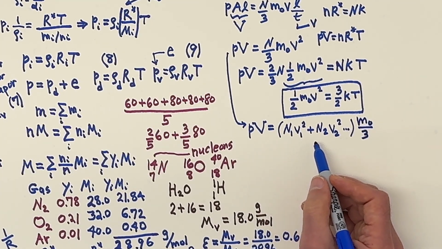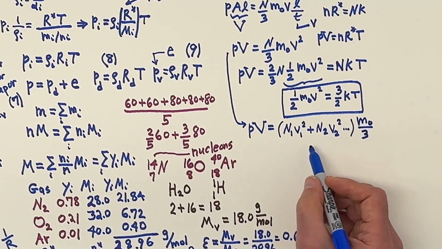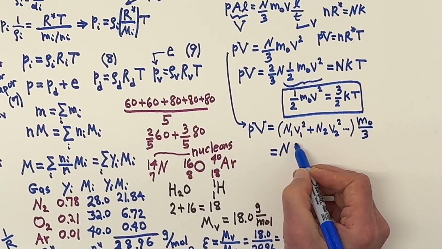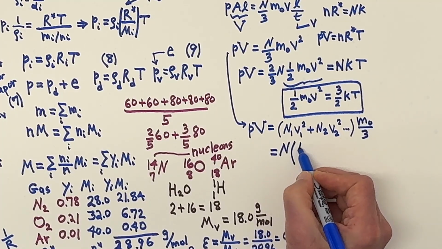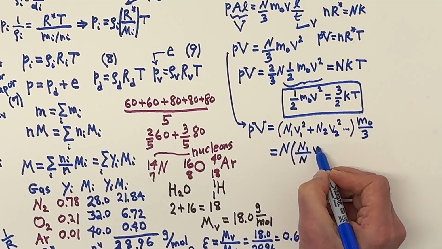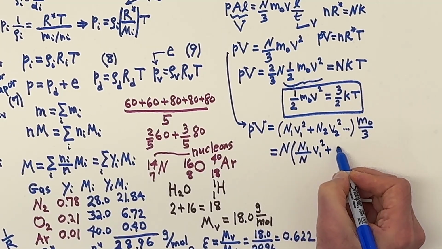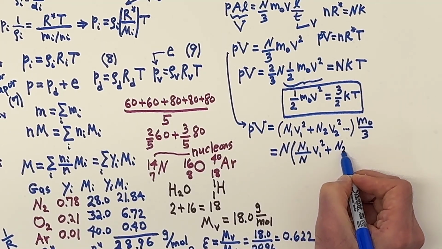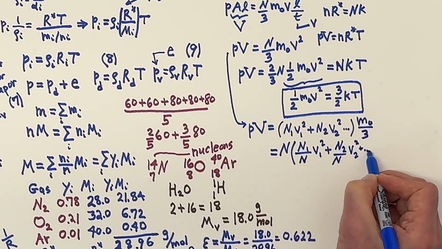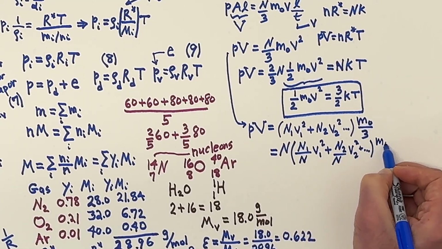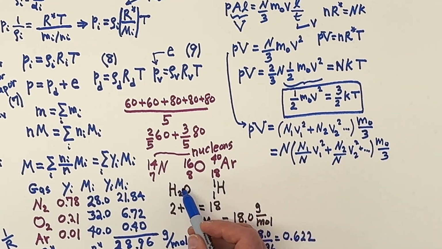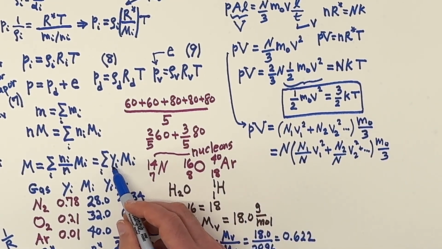Now what I would like to do is multiply by big N and divide by big N. So this becomes N1 over N V1 squared plus N2 over N V2 squared. And then I have my M naught over 3. Now this is exactly what we've been doing over here with this weighted average.